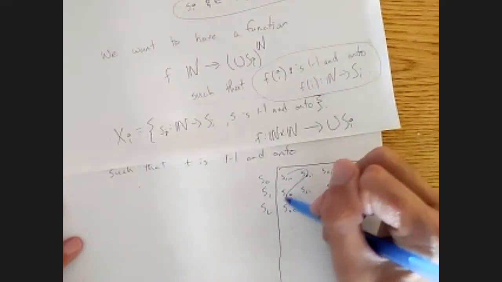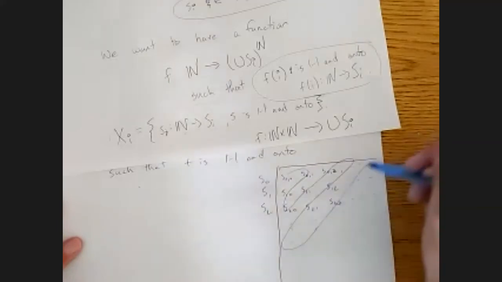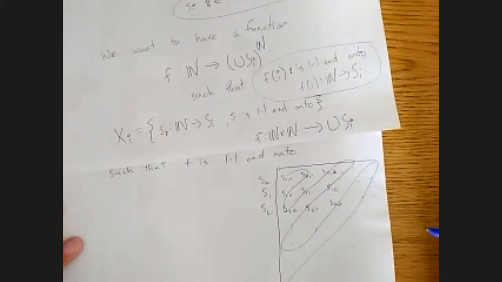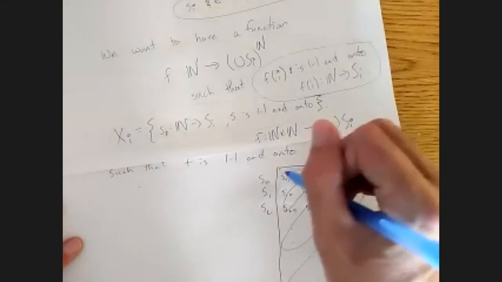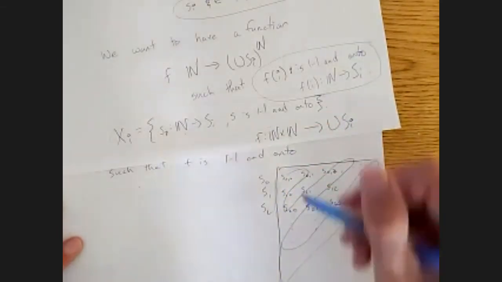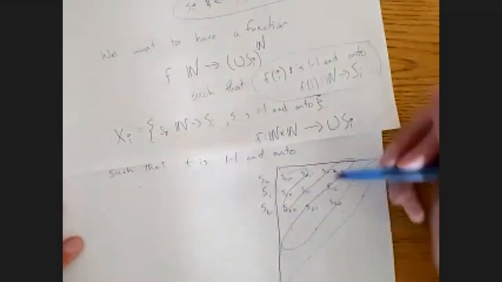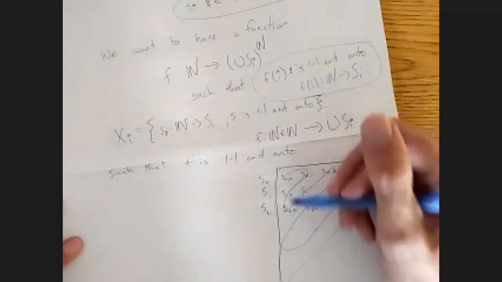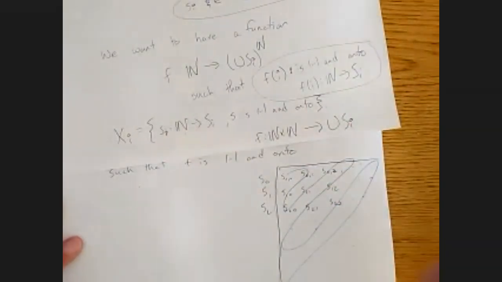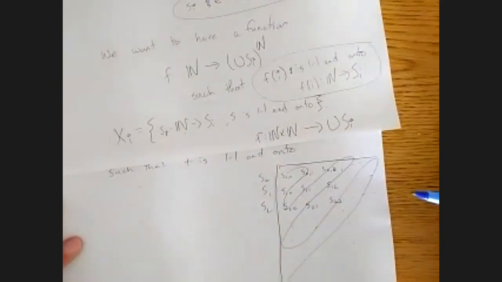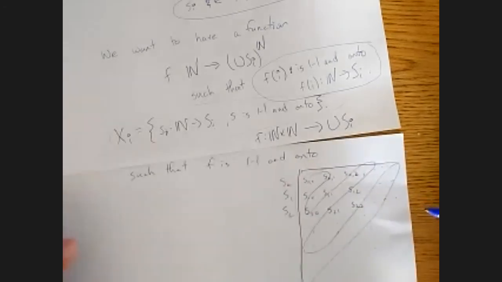You do this thing to reach all the elements. Okay. But the problem is that in order to write each S_i in this order, you need to choose an ordering for each one, and that choice, that's where the axiom of choice comes in. I hope that some of that made sense in the end.